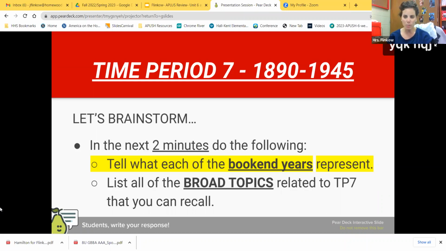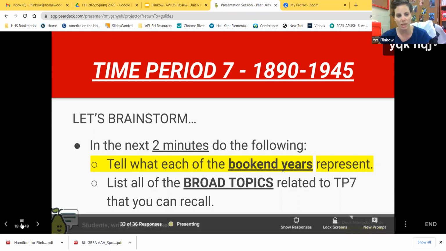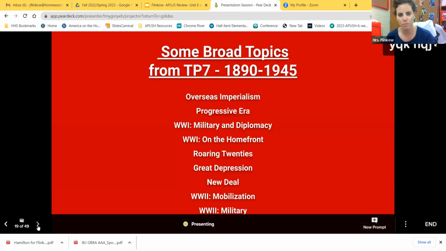Also, simultaneously, along with imperialism, we also have the Progressive Era taking place. So coming off of the harshness of industrialization and urbanization, those problems we've got to fix. Progressive Era and imperialism happening at the same time. And we're going to end in 1945 with the end of World War II.